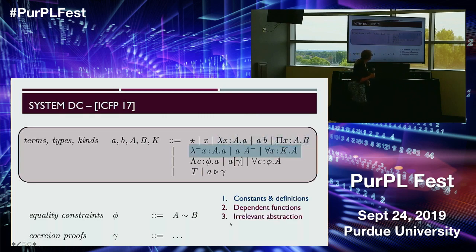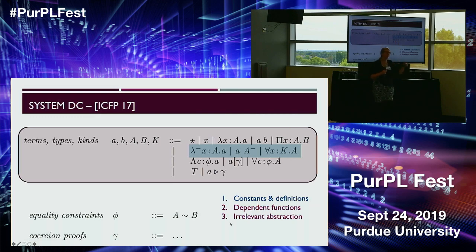And then here's something really important. I said that we had to be able to erase types. But we don't know what types are once we combine things together. So we have to have two different kinds of dependent functions: regular dependent functions, and ones that I call irrelevant abstractions. These are dependent functions that promise not to use their arguments so that we can erase them.